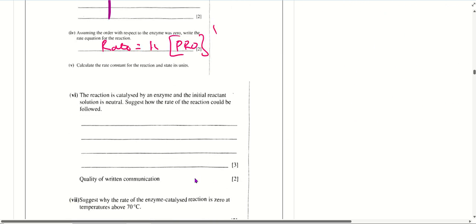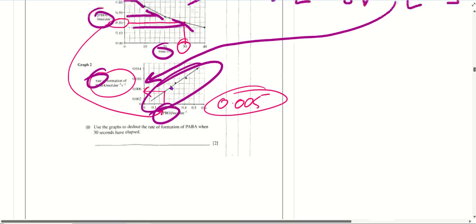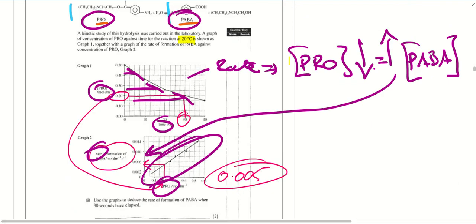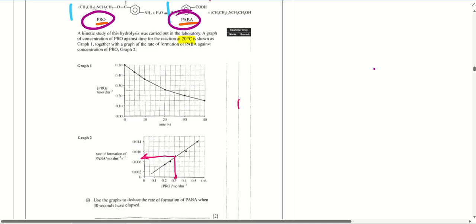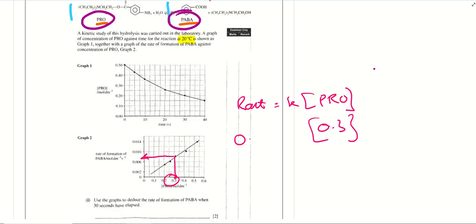And we had to then calculate the rate constant for that, and state its units. Right, so let me tidy this up a little bit first of all, and we'll work that out. Okay, so rate equals k times the concentration of PRO. What I've done on my graph is take a point which lay right on the 0.3. So my concentration is 0.3. Okay, my rate at that point is 0.008.